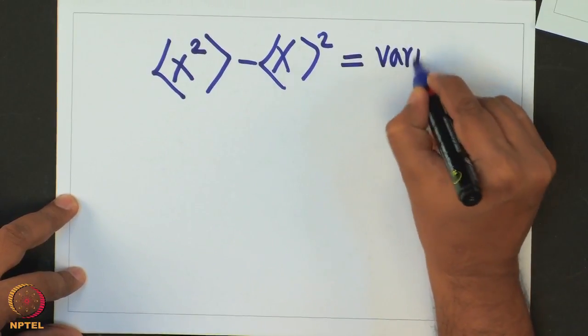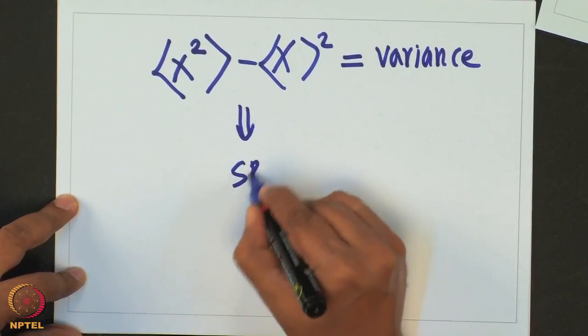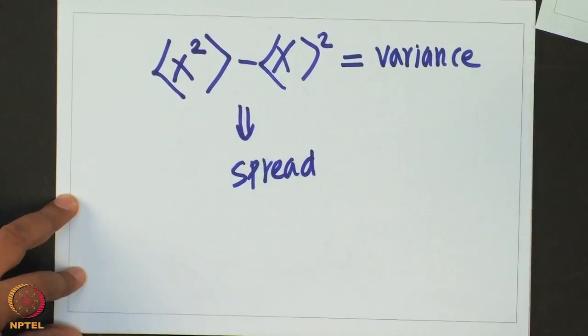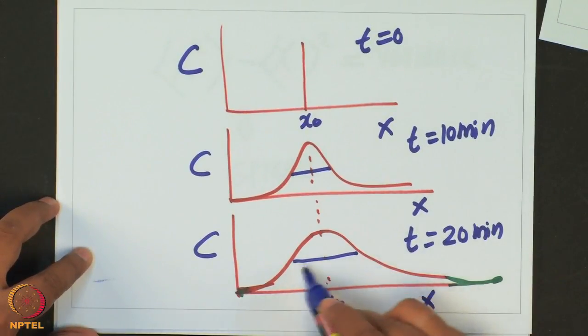This basically tells us how much a molecule would spread after some time.